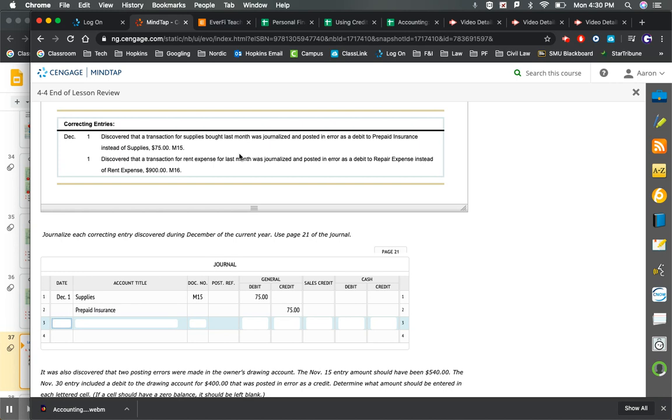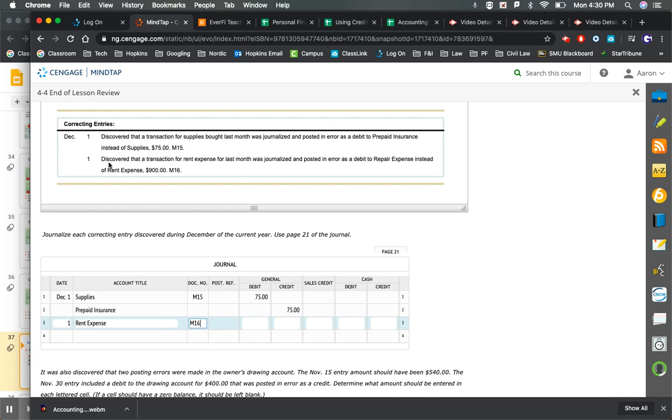So we're going to go our date, just one. Our debit first, we're going to need to debit rent expense, M16. And the reason, again, we're going to debit rent expense, debits increase expenses.